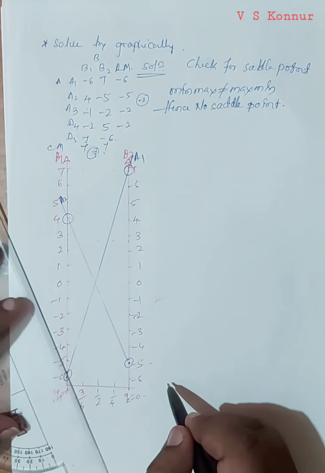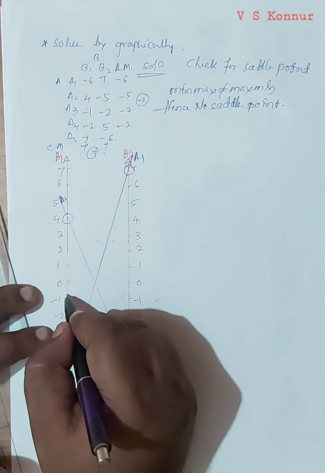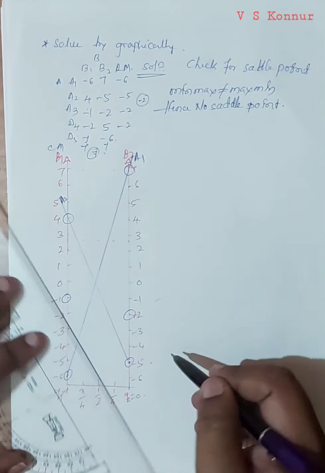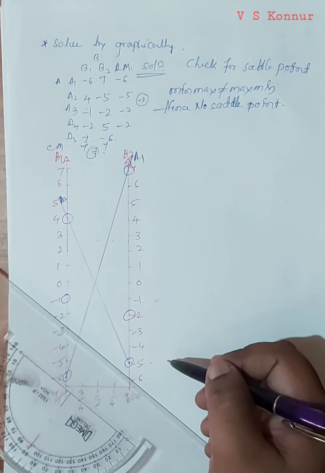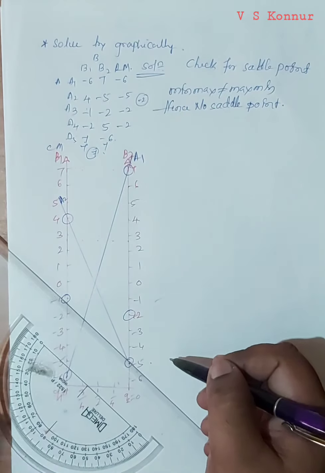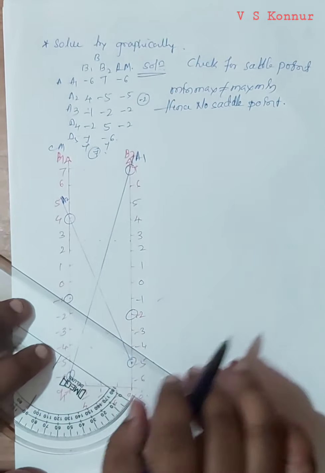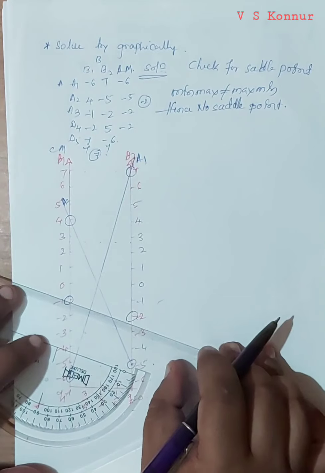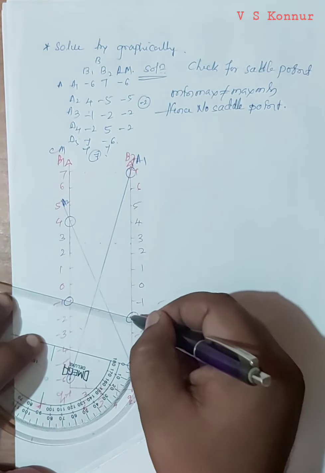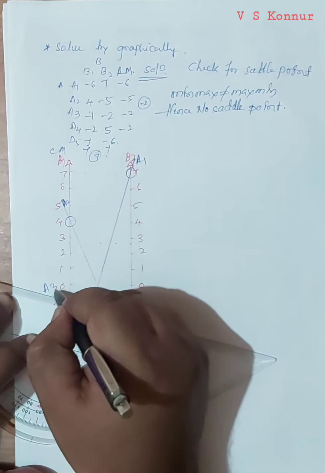Next line A3, -1 and -2. Join these two lines. Call it as A3.